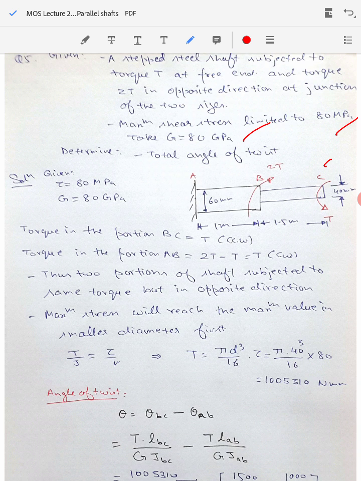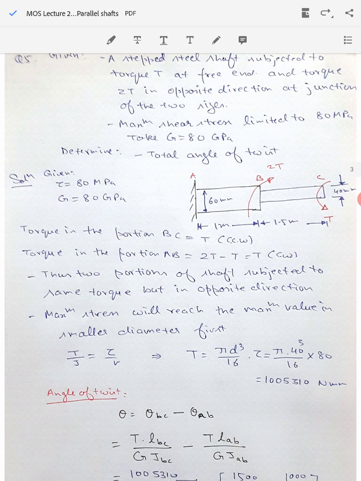The torque in the portion BC, as I told you, is T in the counterclockwise direction. At this point we are applying the torque T in the counterclockwise direction. The torque in the portion AB will be: 2T is being applied clockwise and T is being applied on the opposite side. Because of that, the net resisting torque that will develop at point A will be T, the algebraic sum of these two, 2T minus T equal to T, in the clockwise direction.